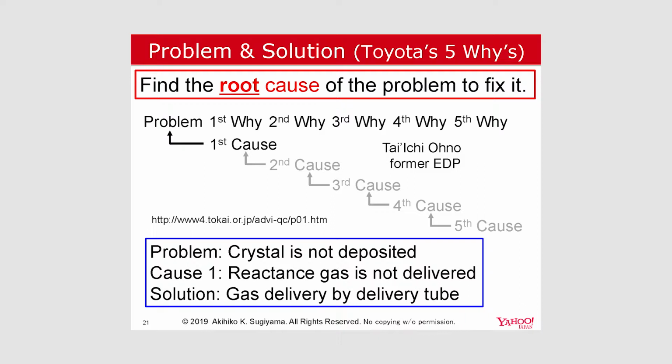That's what he said. Okay, let's think about what is the cause for the problem in case of Professor Koide. The problem was crystal is not deposited. That is the problem. And the cause one, what is the cause? Reactance gas, which is sent to the reactor from outside, is not delivered to the substrate.